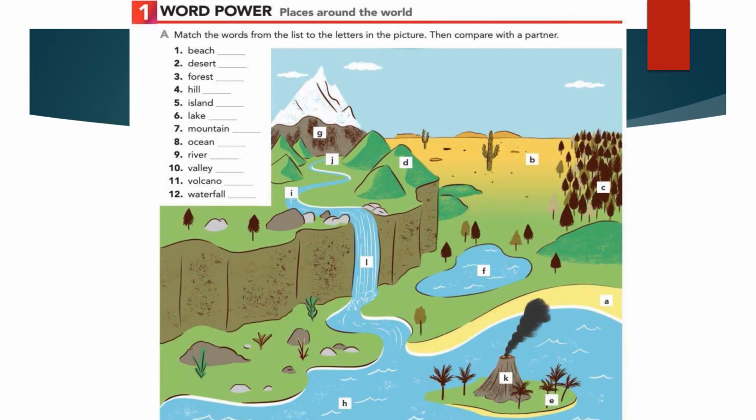Let's go with your book. Let's start with a vocabulary exercise. Match these words from the list to the letters in the picture. Listen to the pronunciation and practice.